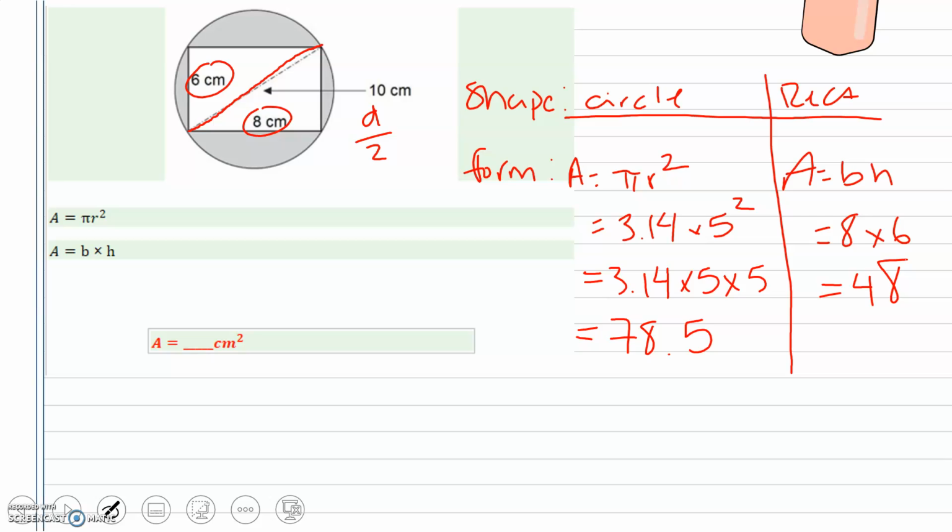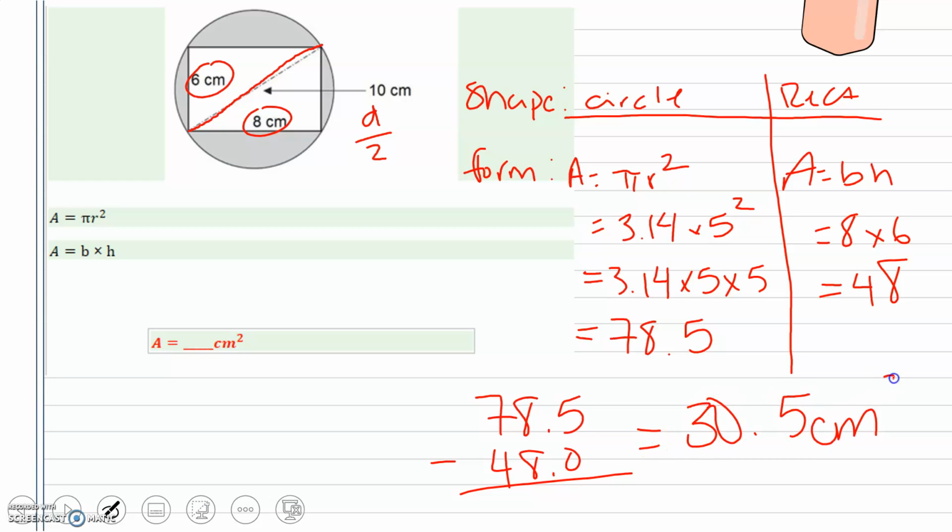So now I'm going to subtract the circle, my shaded area, minus my rectangle, my non-shaded area, which is 48. Once you subtract that, your final answer will be 30.5 centimeters squared.